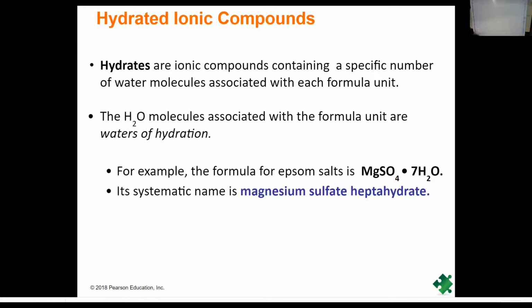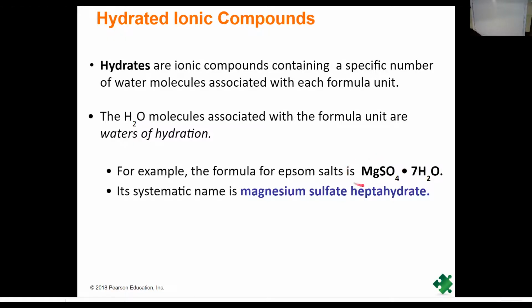So when you see this dot after an ionic compound and it's followed by a certain number of water molecules, these are called waters of hydration. So we have this example here, MgSO4, and then a dot, and then 7 H2Os.